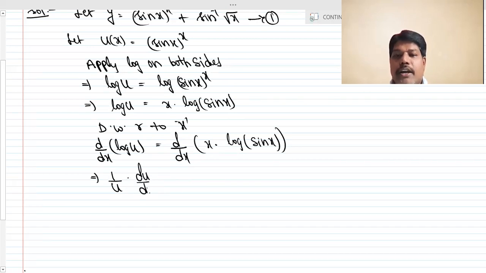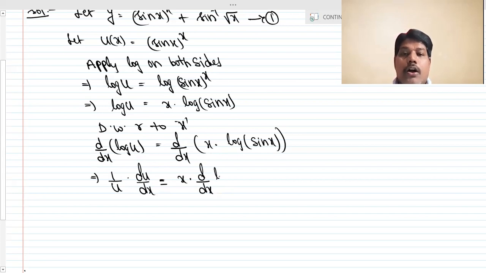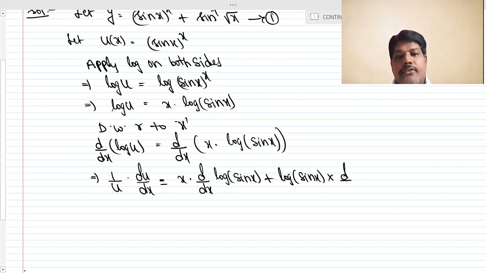This is equal to, this is the uv formula actually, this is u and this is v. So what is the uv formula? x into derivative of log of sin x plus log of sin x into derivative of x.